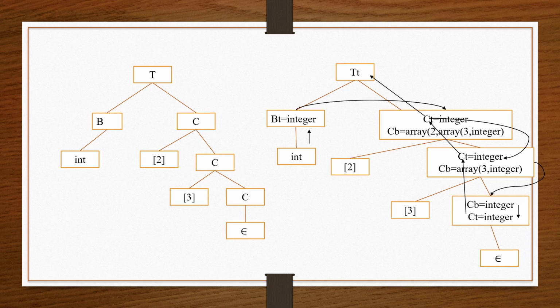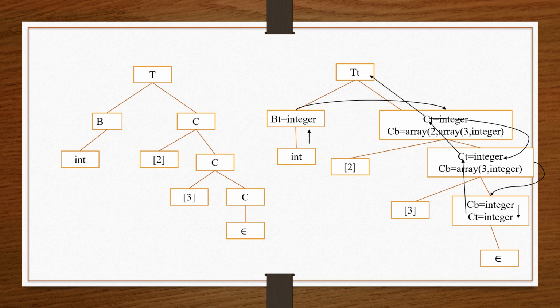C.T equals C.B. And the semantic rule for the production C derives num C1, subscript num of C1, forms C.T by applying the operator array to the operands num.value and C1.T.